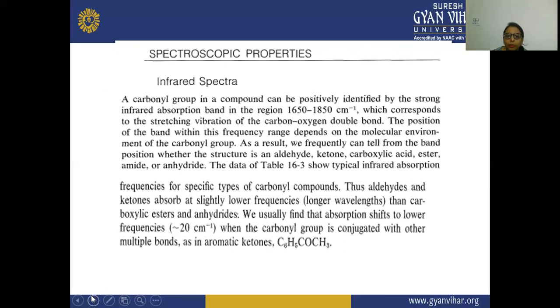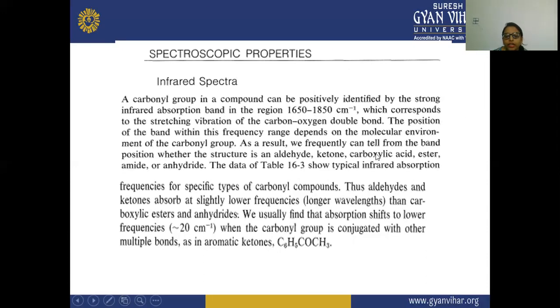Next, this is a spectroscopic property. A carbonyl compound is positively identified by a strong infrared absorption in the region of 1650 to 1850 per centimeter. This is the stretching vibration of the carbon-oxygen double bond, and the position of the band within this frequency range depends on the molecular environment of the carbonyl group.